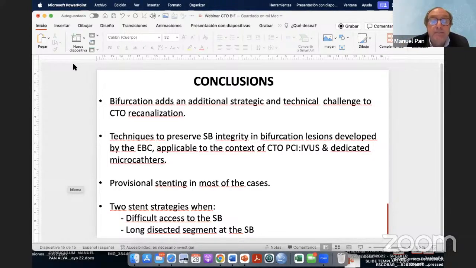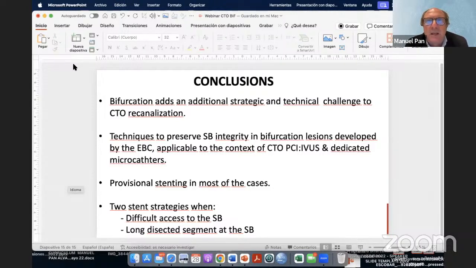Yes, it's variable. It's quite variable. In general, starting with the main vessel is the rule. Sometimes if you have a long dissection at the side branch, it's difficult then to recross through the main vessel stent.